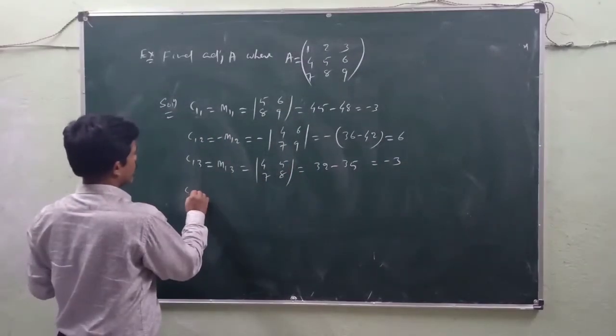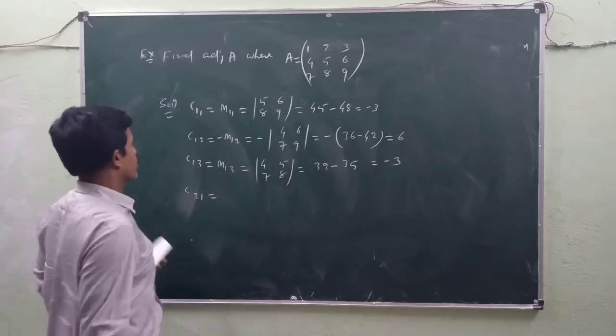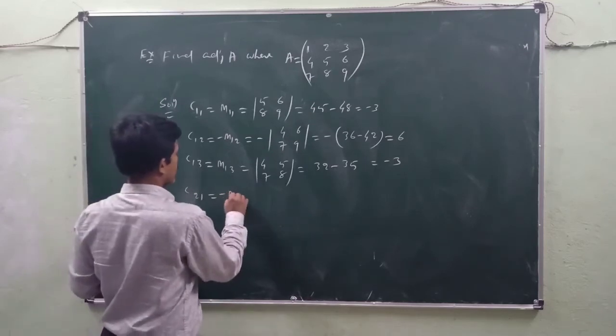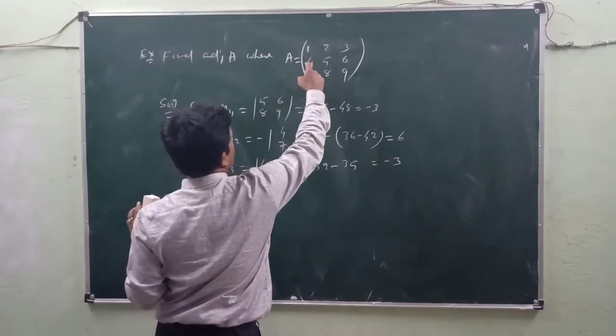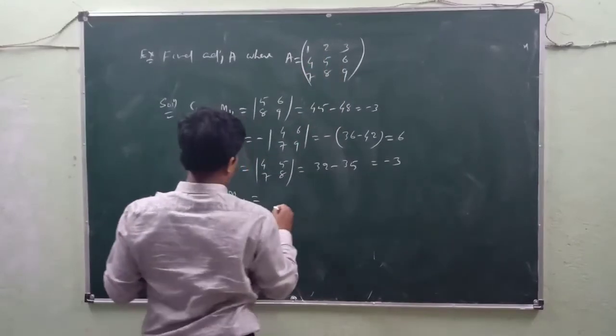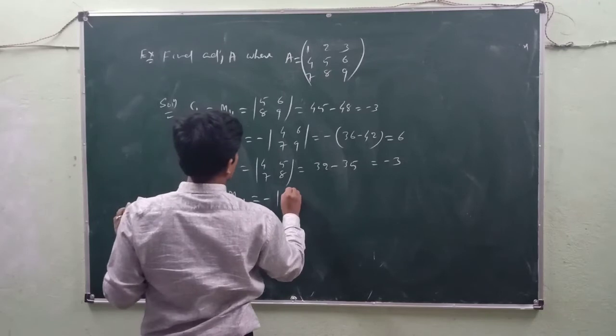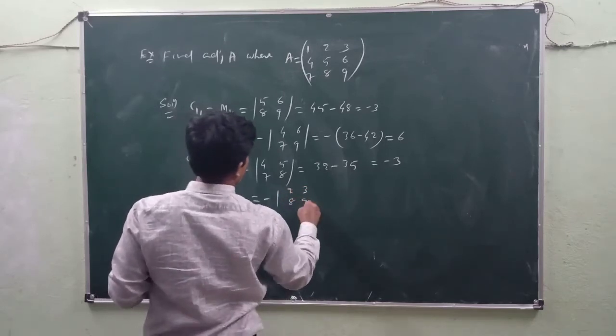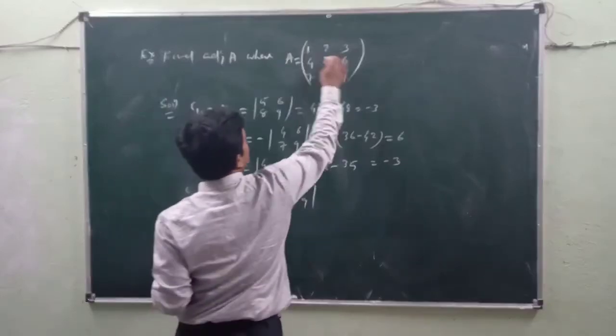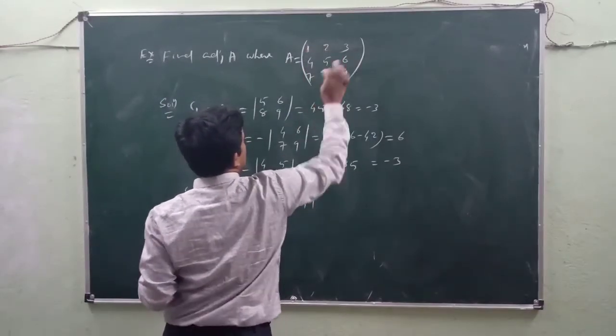Then find C21. Here it will be minus M21, that means minus the minor of 4. The minor of 4 is the determinant of 2, 3, 8, 9, cancelling the second row and first column.